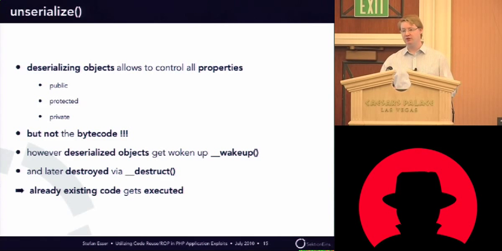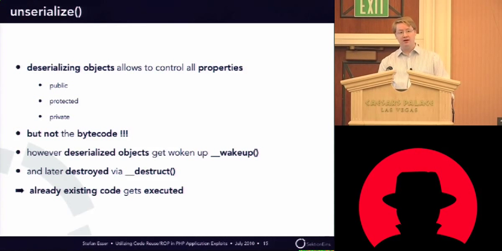So when you unserialize an object and it gets destroyed later, the destructor will be called. In PHP 4, nothing like this happened. So this means when you unserialize an object that exists in the application, there are two possibilities where code will be executed directly: either the wakeup method or the destructor, if there is one.